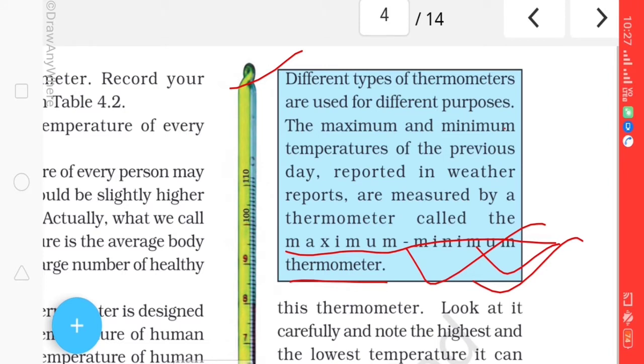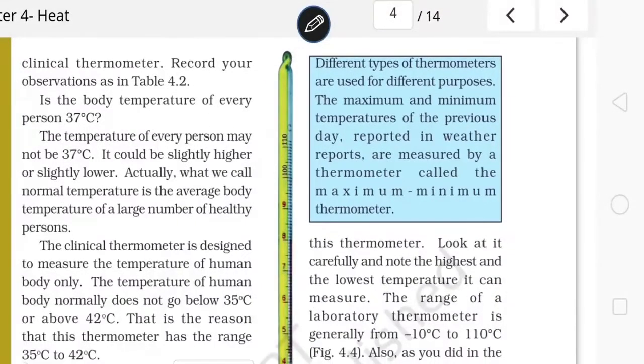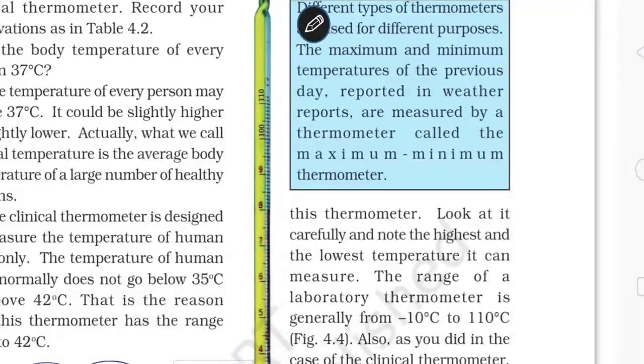At noon time. That temperature will be measured by a maximum thermometer. So this is about the maximum minimum thermometer. We use different types of thermometer to measure different temperatures.